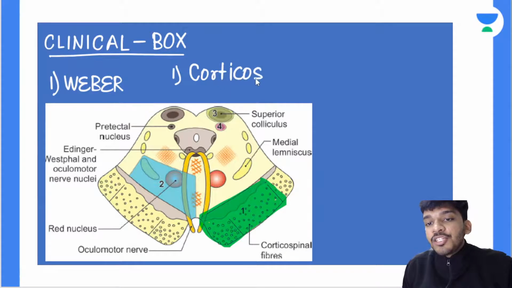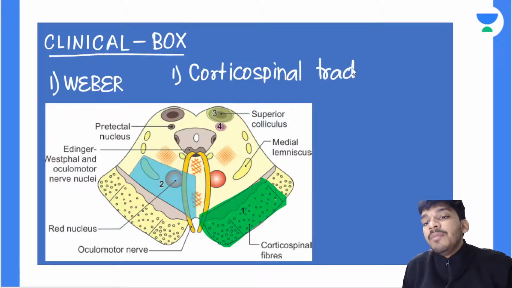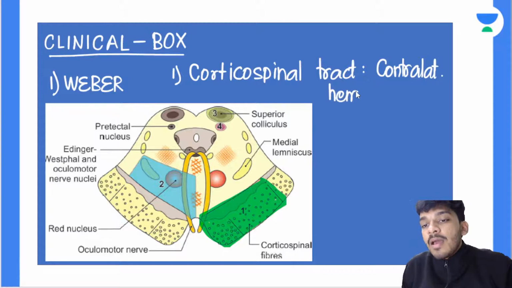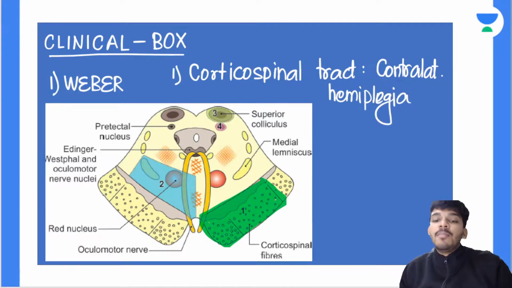And since decussation has not happened, you will have contralateral hemiplegia. So any lesion above the medullary decussation, you will have contralateral hemiplegia. If the right side is affected, you will have damage to the left side and vice versa.